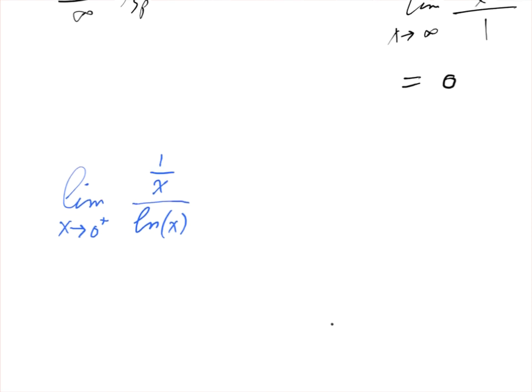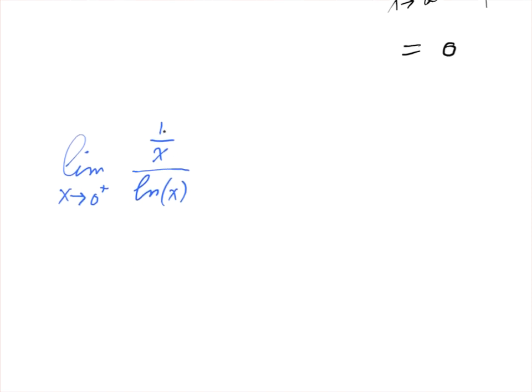So here's another example. We have 1 over x in the numerator, ln of x in the denominator. x tends to 0 from the right. The numerator would tend to infinity because you're dividing 1 by small numbers, and those small numbers tend to 0. And it's from the right, so it would tend to positive infinity.